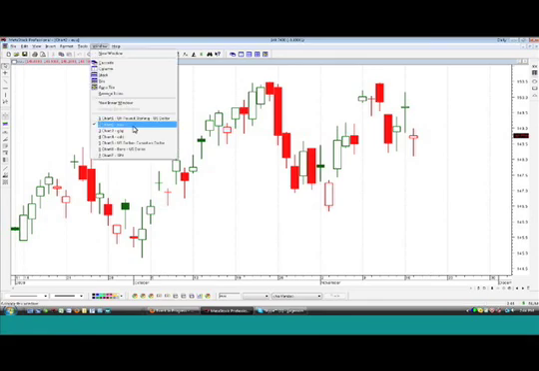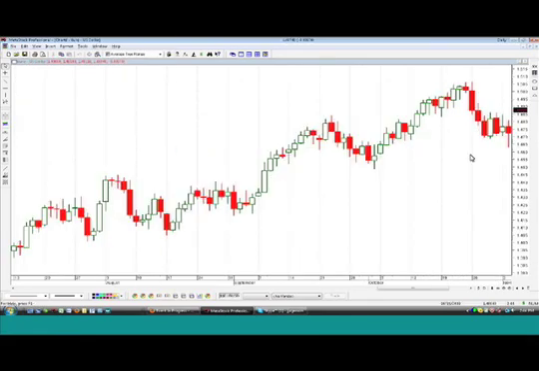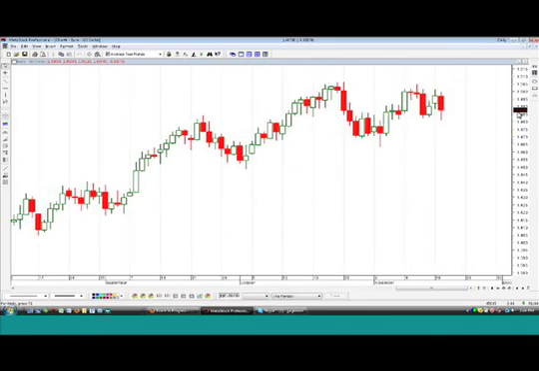If we go back to the actual exchange rate chart itself, you'll notice the current price is 148.74. So they're going to look very similar, except that the EUU, the index that the ICE options are based on, is essentially the exchange rate times 100.